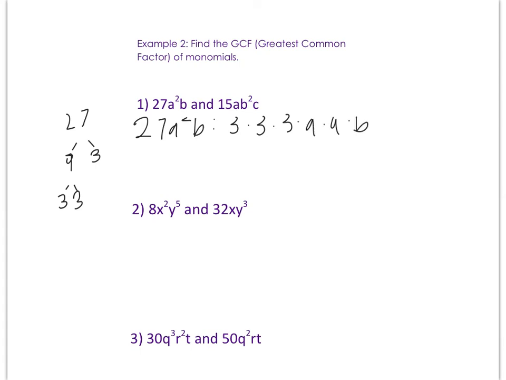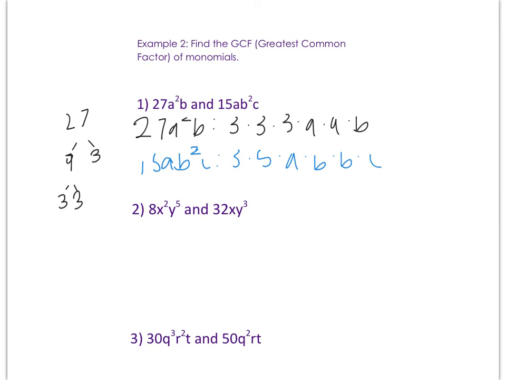And then 15ab squared c turns into 3 times 5, so that one's pretty simple. a times b times b times c.